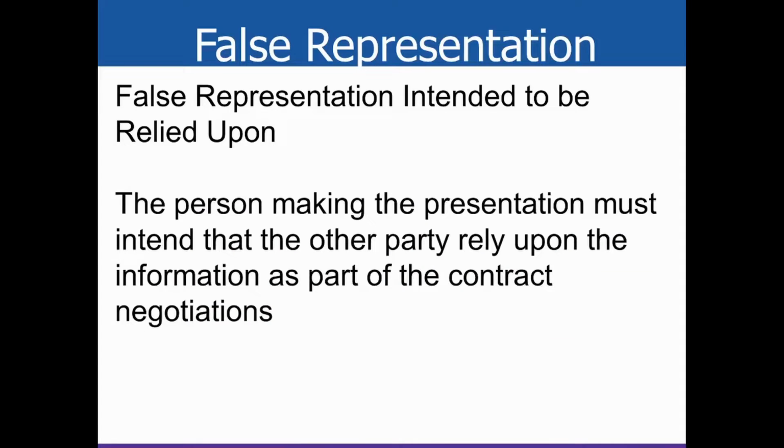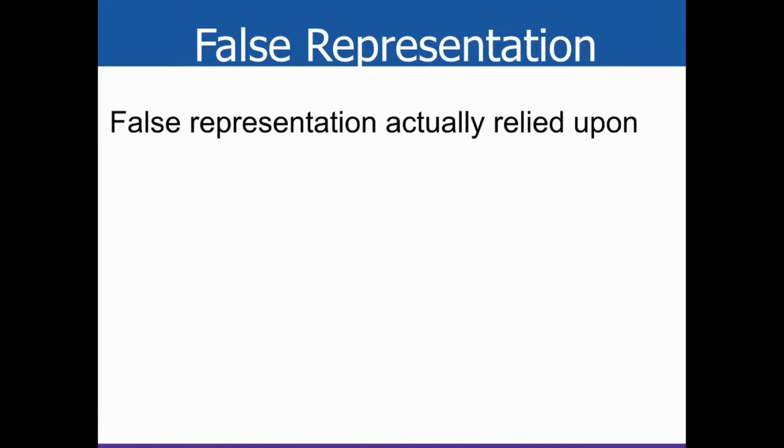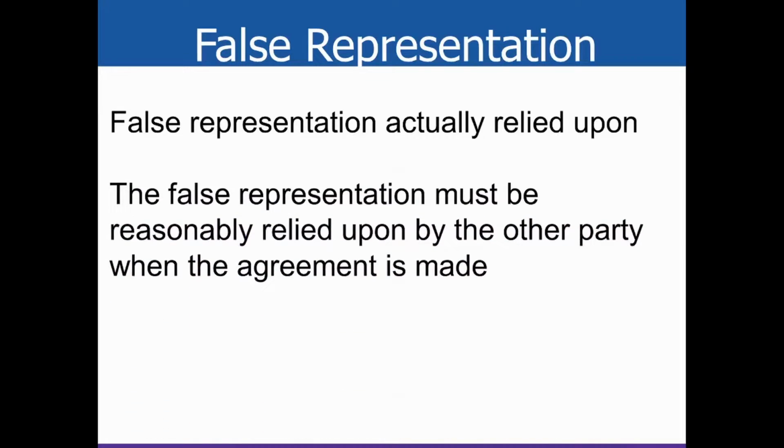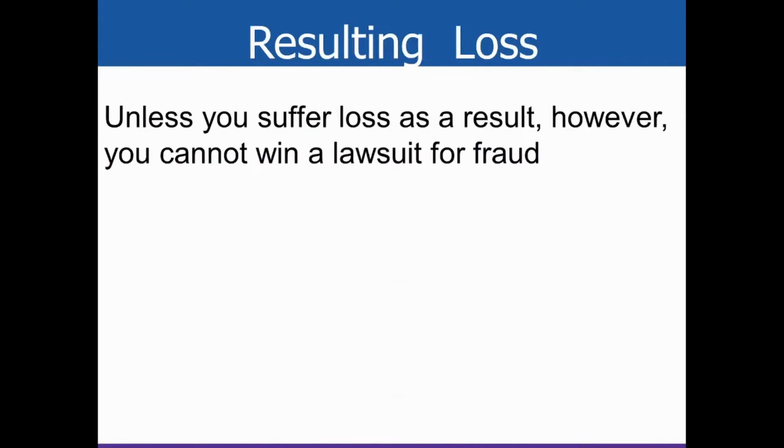The person making the representation must intend that I use this information as part of my negotiations. The false representation must be reasonably relied upon by the other party when the agreement is made. Then there's resulting loss. Unless you suffer loss as a result, you cannot win a lawsuit for fraud.